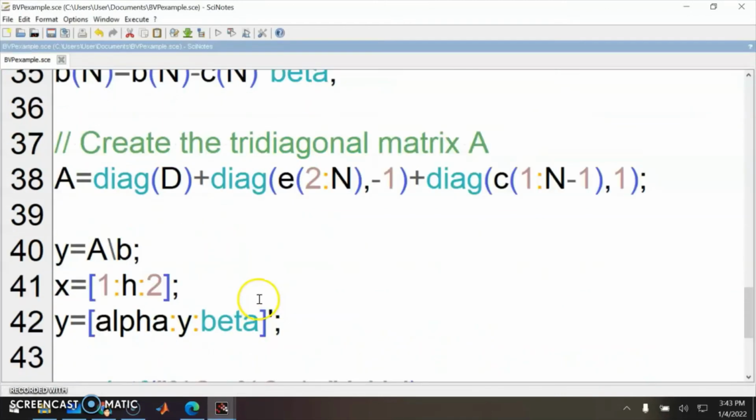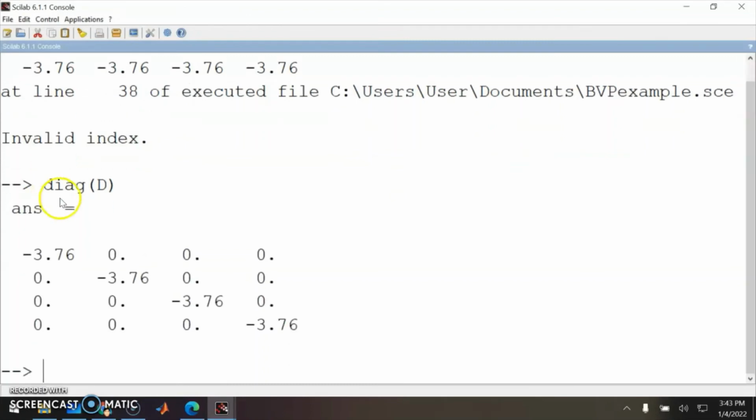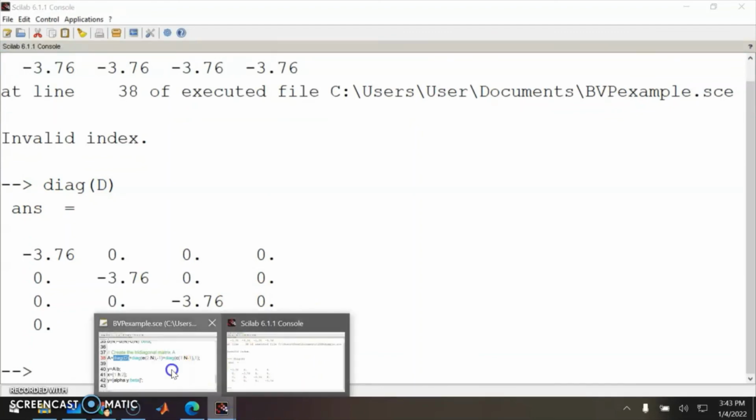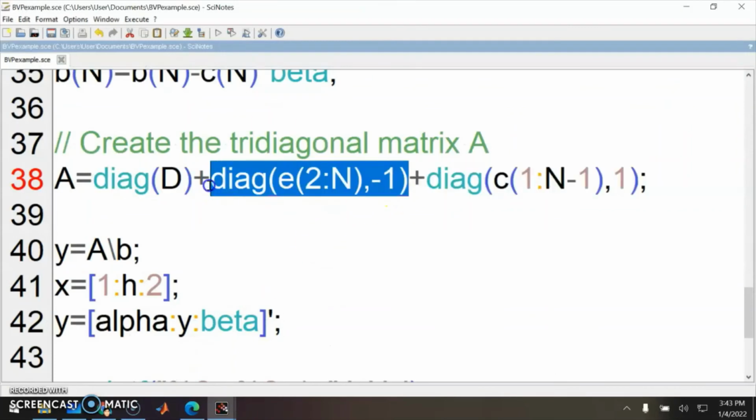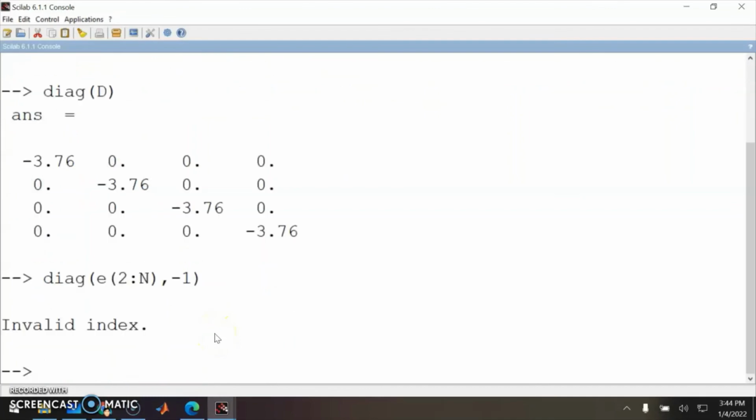Let's see what it gives here. Yeah, diag D will give me diagonal D. What is this matrix? It should be able to add them. Somewhere here you don't like what I used. Let's check again. What's the problem?